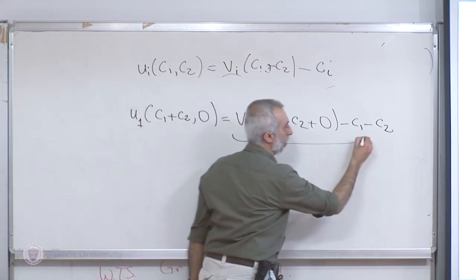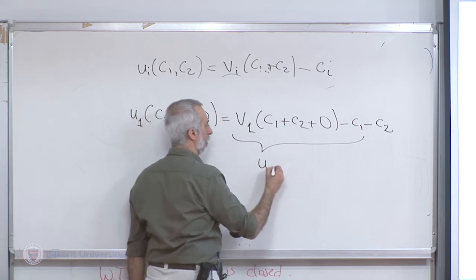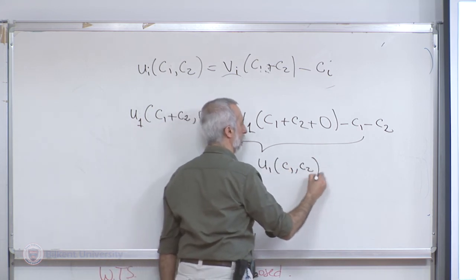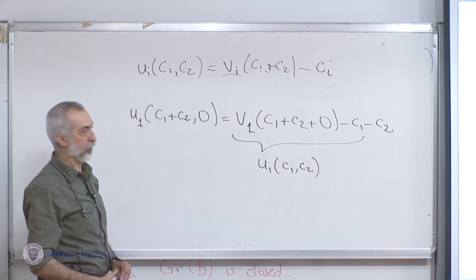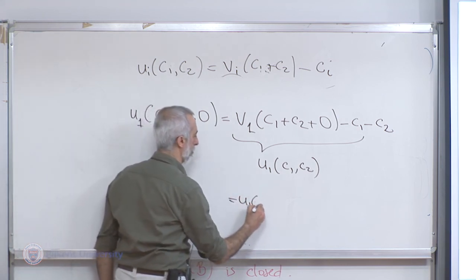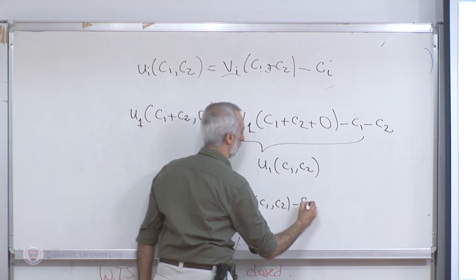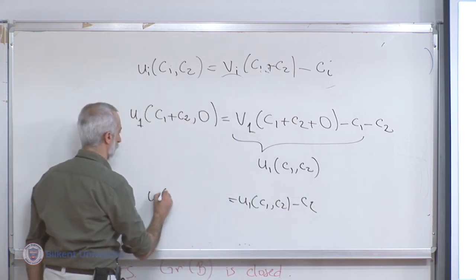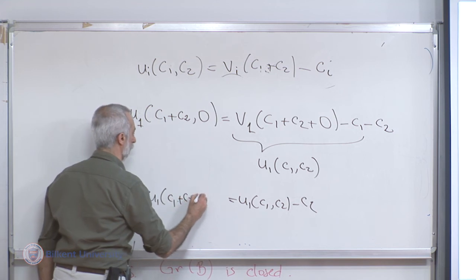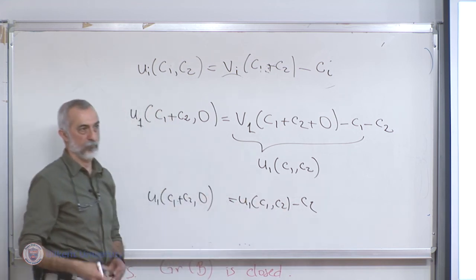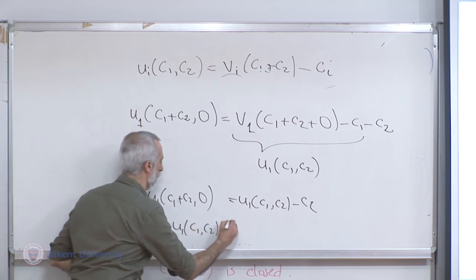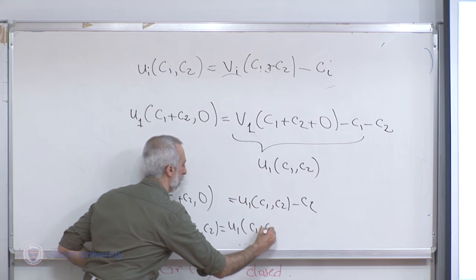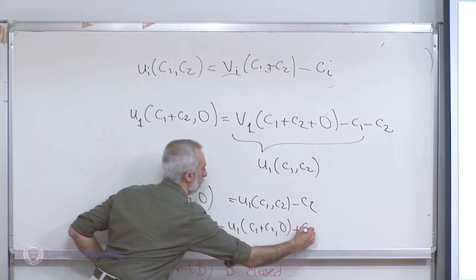But what is this animal? Or U1 of (C1, C2) is equal to U1 of (C1 + C2, 0) plus C2.